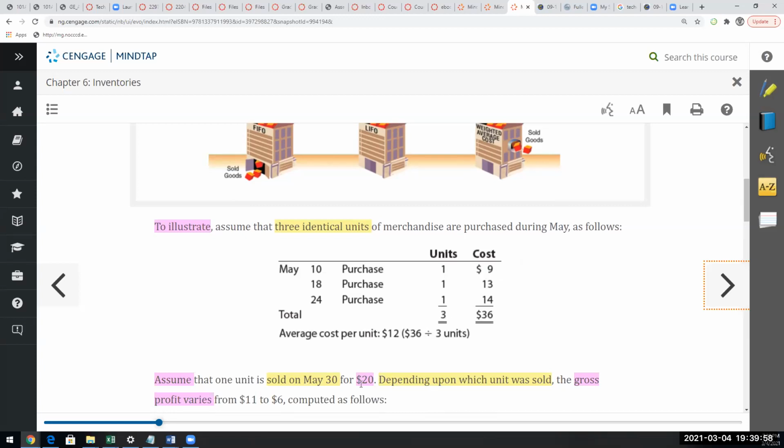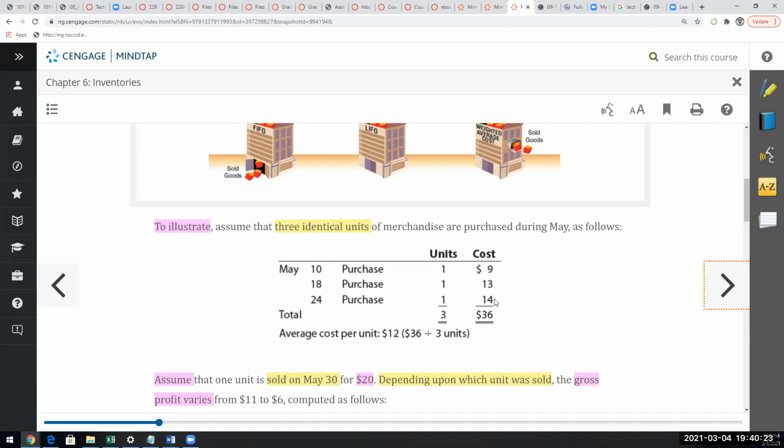Well, 9 from 20 means you have $11 gross profit. That's very different if you take 13 from 20, because you only have $7 gross profit. So I have changed my income statement just by assuming another item was sold, and I kept the other two. The third was 14.